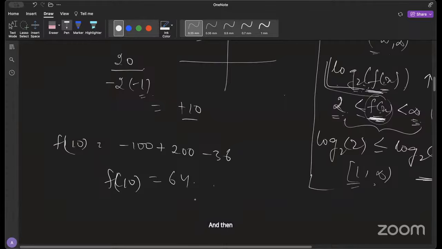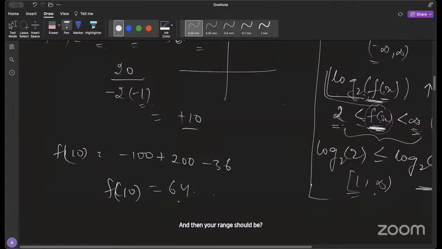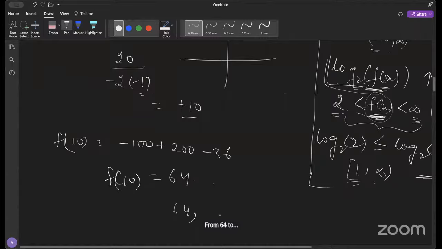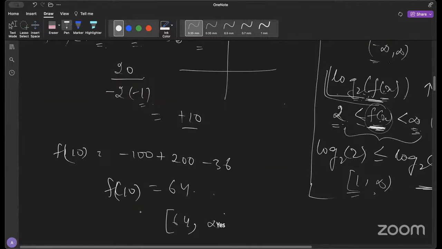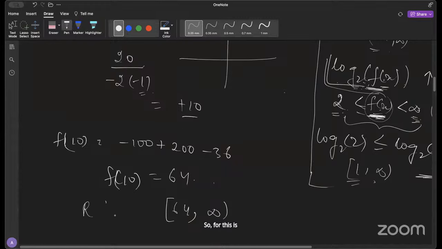And then your range should be from 64 to infinity, right? Yes, so this is the range of f(x).